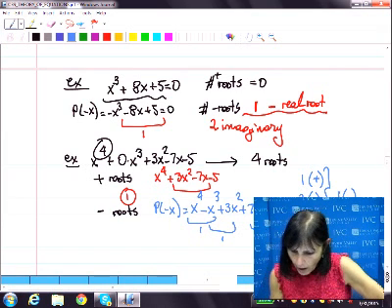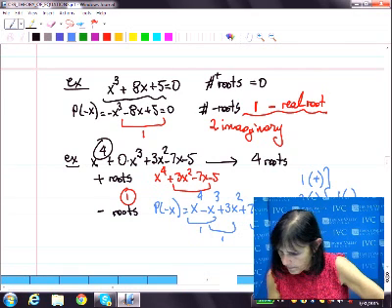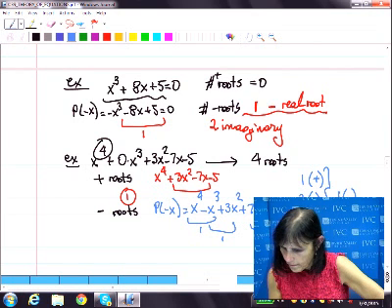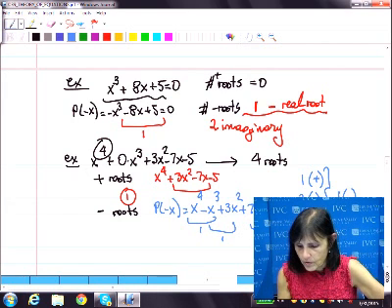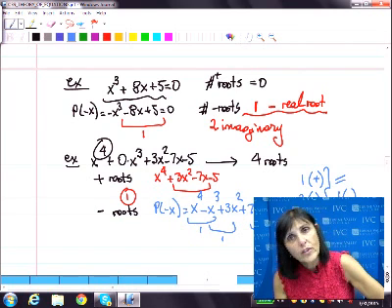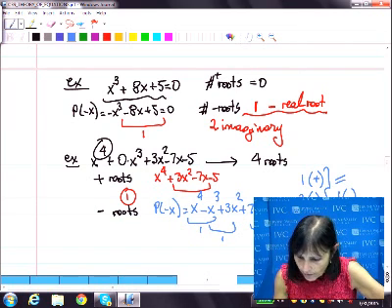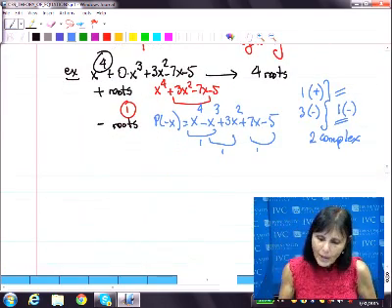So I'm going to have one positive root and three negative roots. If I have one negative root and one positive root, where will the other ones come from? They're going to have to come from the two complex roots. Does that make sense? So what did I look at?